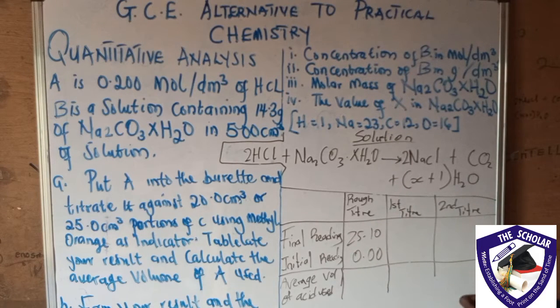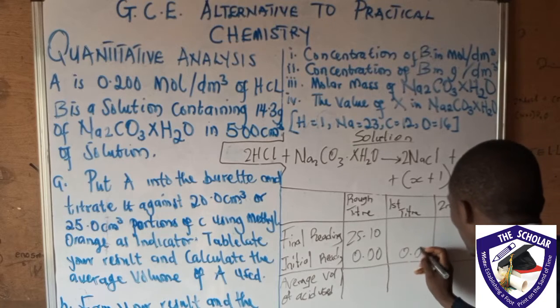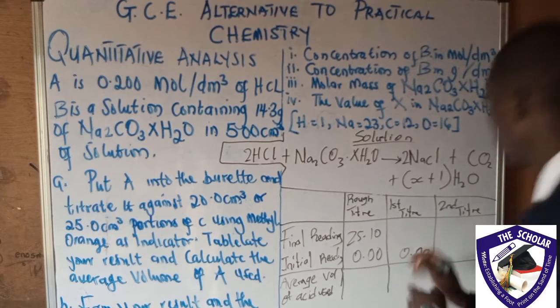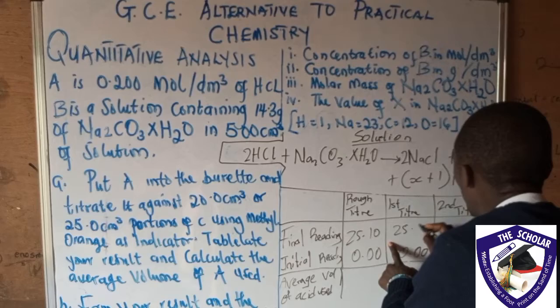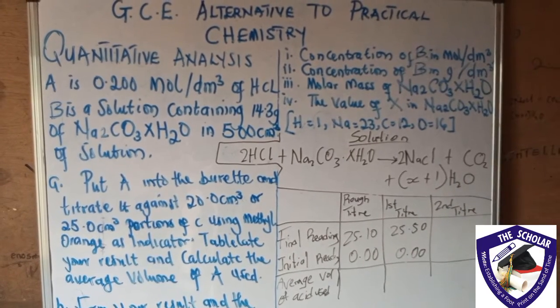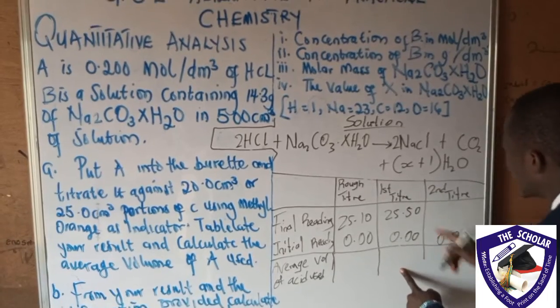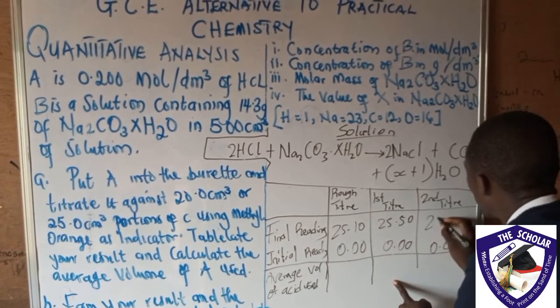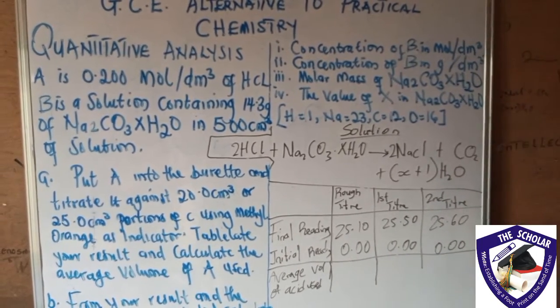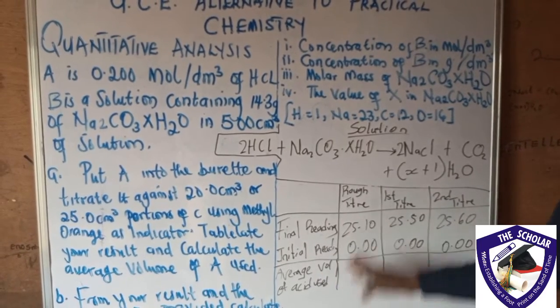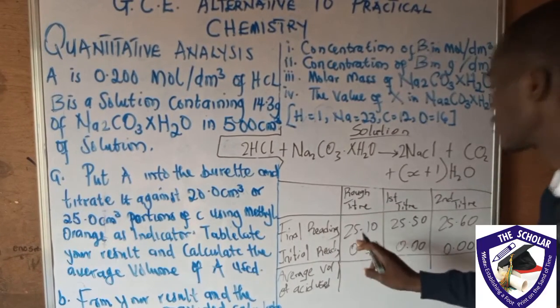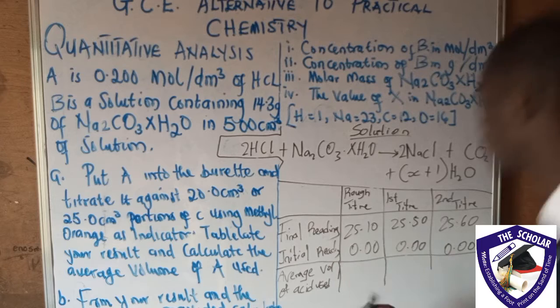Then my first titer, I started with 0.00 again and I got 25.50. My second titer, 0.00, then I got 25.60. From here, my average volume of acid used for rough titer, 25.10 minus 0.00.